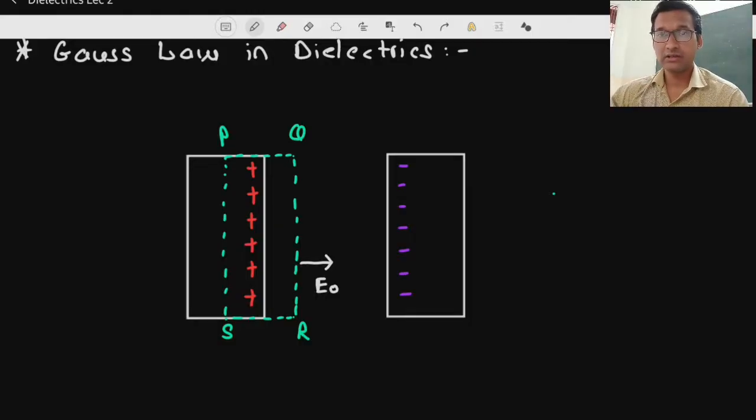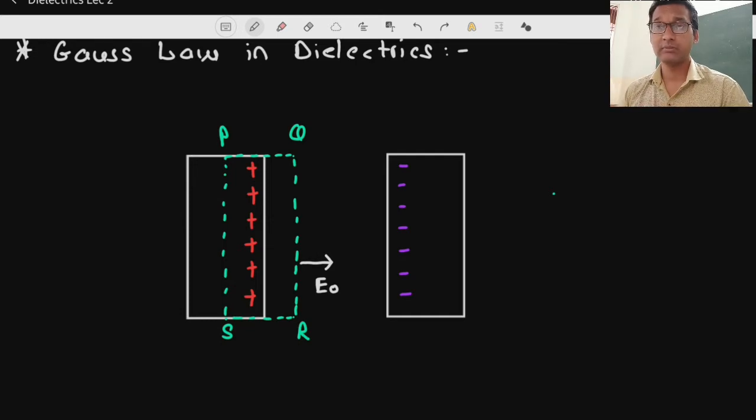Now let us consider the next point. In this point we are going to see how to apply Gauss law in the presence of a dielectric medium. In the previous class you must have learnt about Gauss law, but the difference is that in the previous classes we were considering the medium to be vacuum. The charges were separated by a distance, but the medium between them was vacuum.